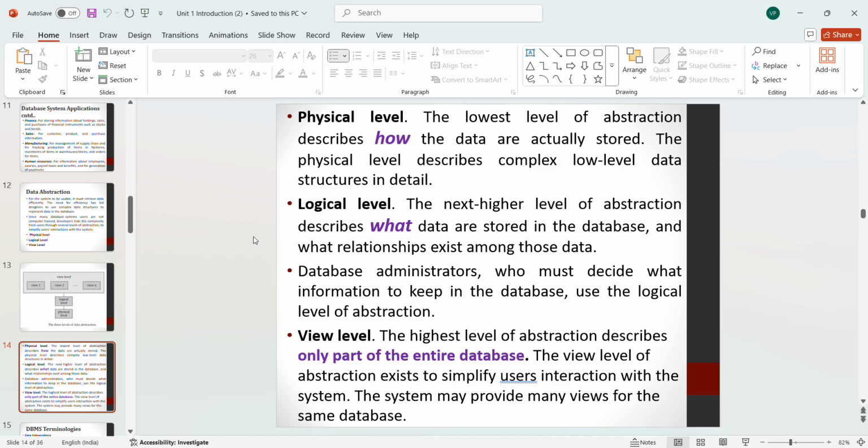The lowest level of abstraction describes how the data are actually stored. The physical level describes complex low-level data structures in detail. The next higher level, the logical level, describes what data are stored in the database and what relationships exist among those data. Third is the view level. The highest level of abstraction describes only part of the entire database.